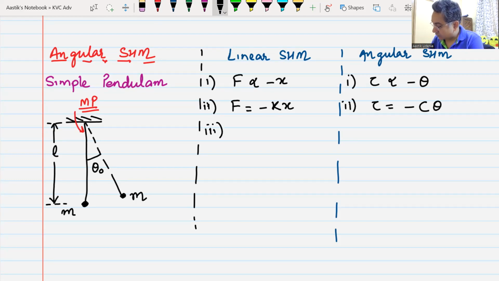Third, now the acceleration becomes minus k by m x, the minus sign only indicating that it is opposite to displacement. Here what will you get?